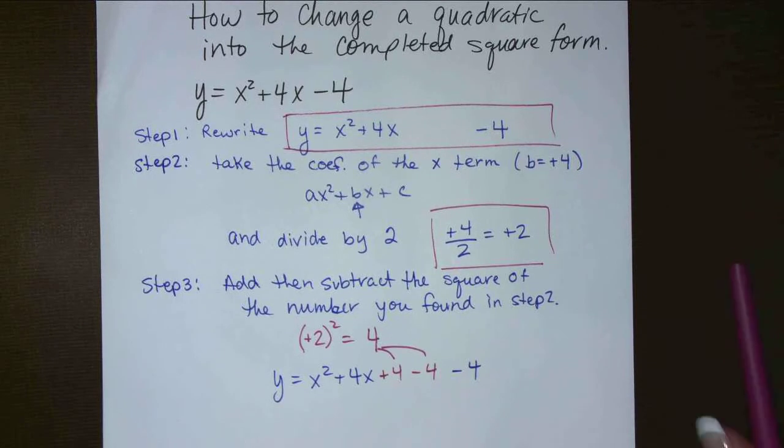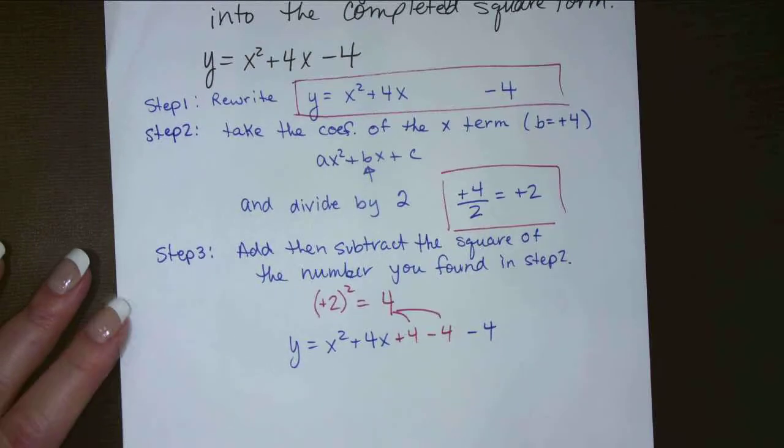Okay? Now why can you do that? Does that change the equation? It just changes the way it looks. It's like a disguise. Because if you add 4 and subtract 4, what does that net? What is that? Just 0. So we didn't add anything, really. We're just making it look different. We're splitting it up. It's like the foil thing. Okay, now this is good.